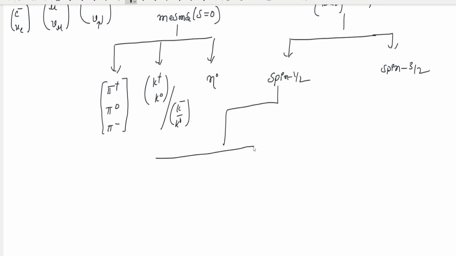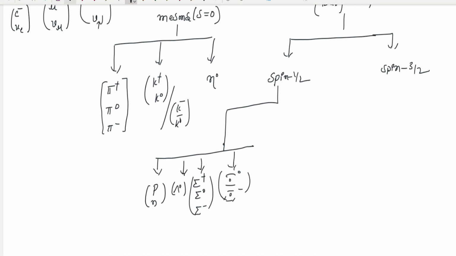So the spin 1/2 particles: proton and neutron, this one, and sigma plus, sigma 0, sigma minus. These cascade particles like this, 1, 2, 3, 4, 4 categories, and the remaining in spin 3/2 particles.